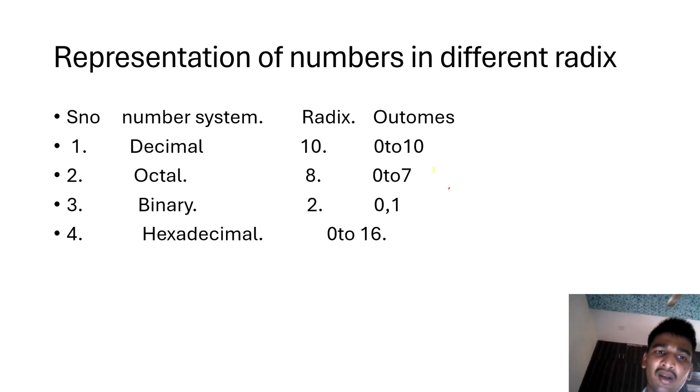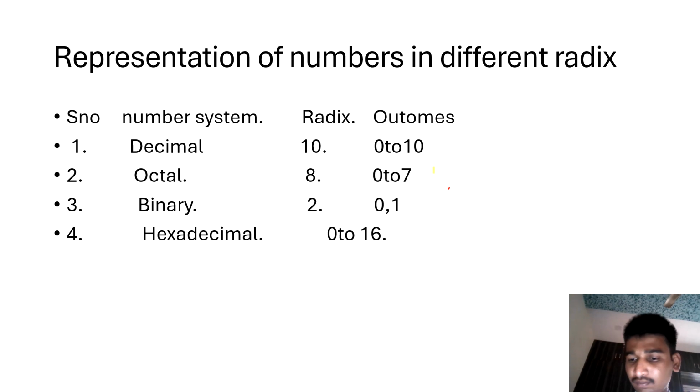We want to know something about the number system. We are taking 0, which means nothing. For any radix, that is a number system like decimal, octal, binary, hexadecimal.